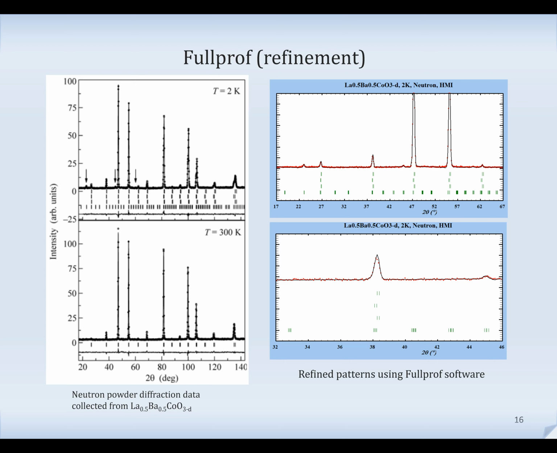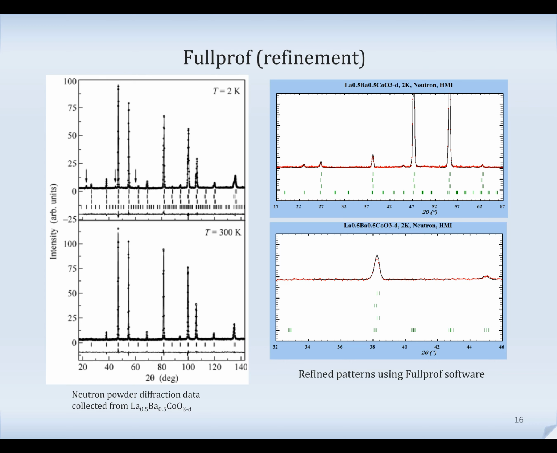We have two phases, and we were able to say that only after measurements using synchrotron radiation. When we got this information, we constructed a two-phase model and used it to refine the neutron diffraction pattern. Two phases in terms of crystal structure and two magnetic phases.